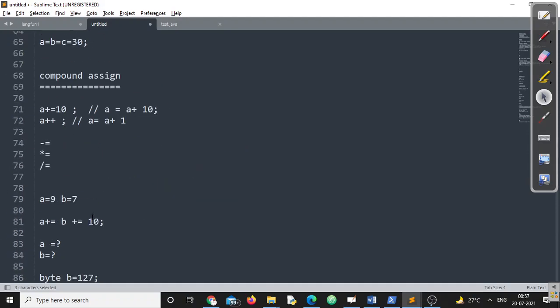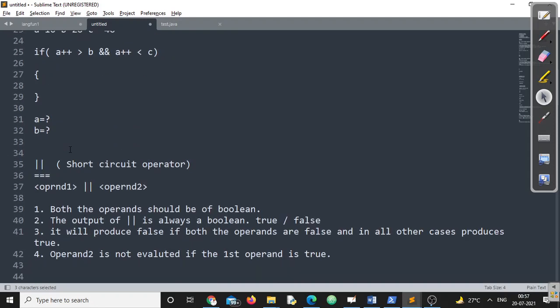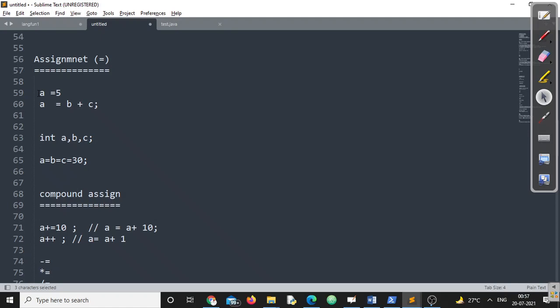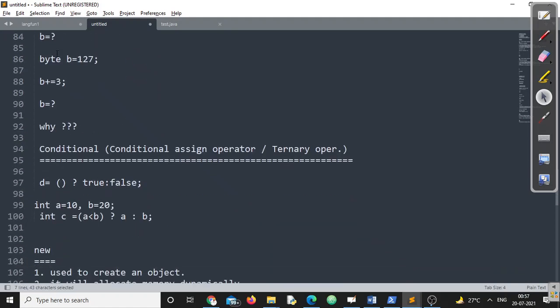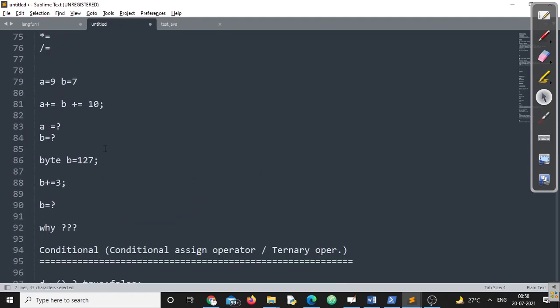So these are a few operators we have discussed today. We have started with logical operators, logical and or followed by logical and. We have seen different types of assignment operators followed by compound assignment operators. We have discussed the different roles of compound assignment operators, how they are incrementing the value, not only incrementing the value but also converting the values to its source data type, or implicit typecasting is also performed.